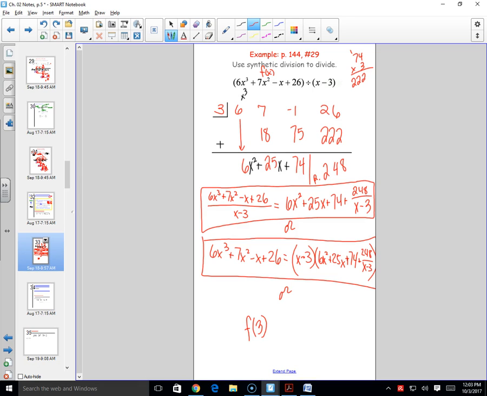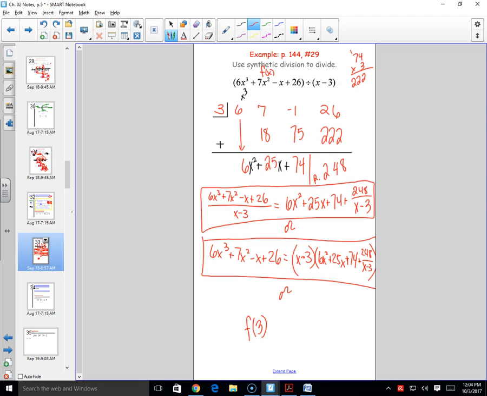You can plug the function in your y1 and do your alpha trace y1 of 3. You can use that from the graphing calculator handbook. Or you can just, from the home screen, do 6 times 3 cubed plus 7 times 3 squared minus 3 plus 26. Go ahead and plug it in. Let's see who he is.